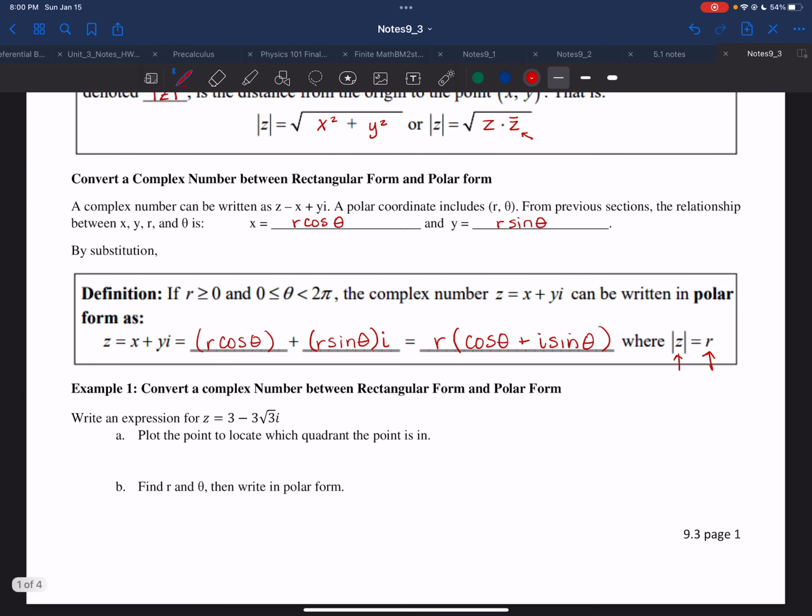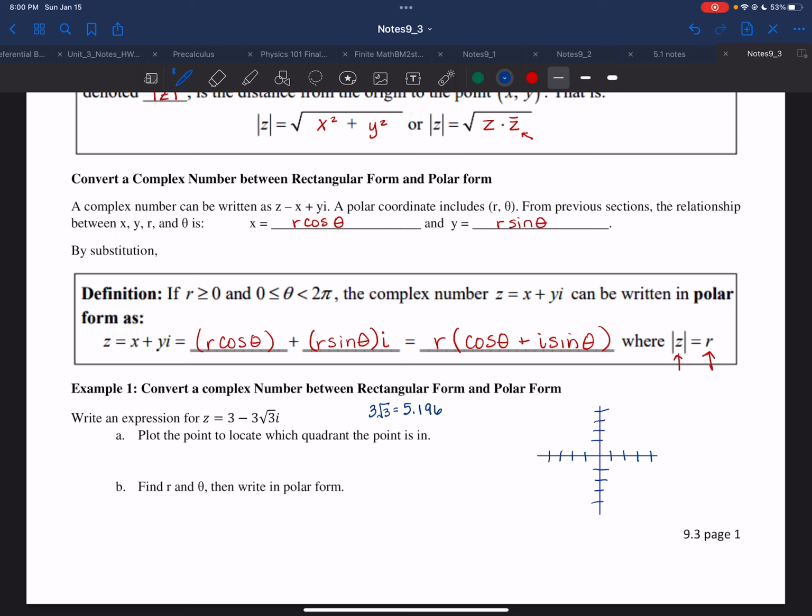Okay, so we've got an example down here where we're going to find our polar form. Let's go ahead and plot this. I have 3 and negative 3 root 3. Let me figure out what 3 root 3 is. I'm going to pop that in the calculator real quickly, and I get 5.196.